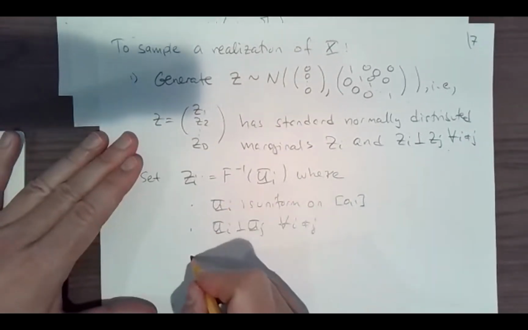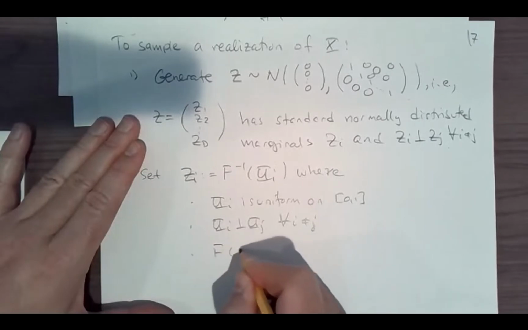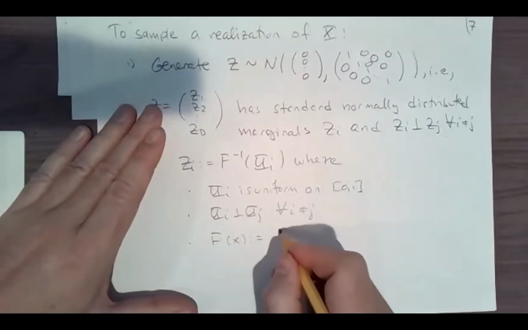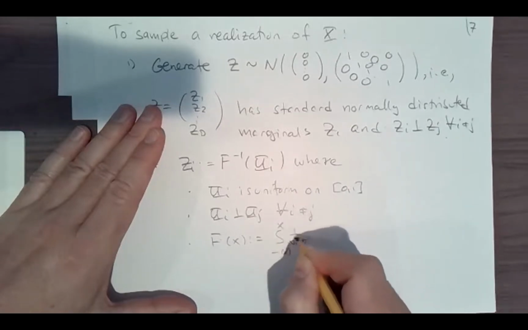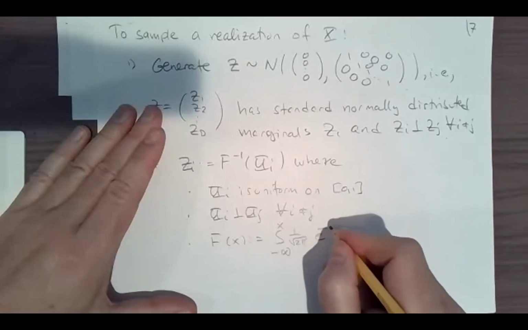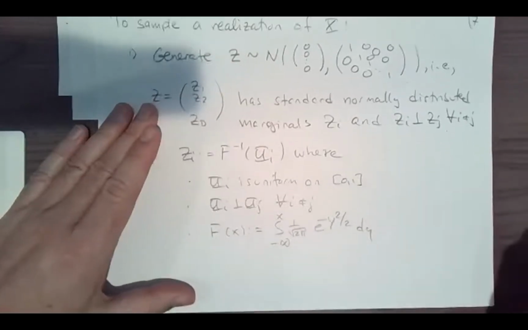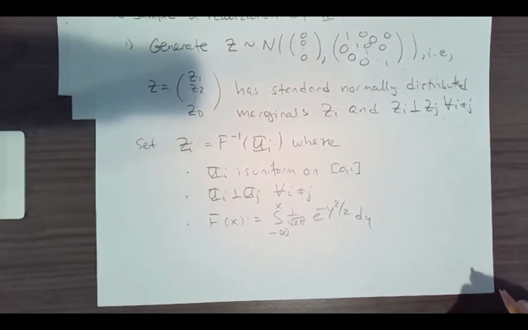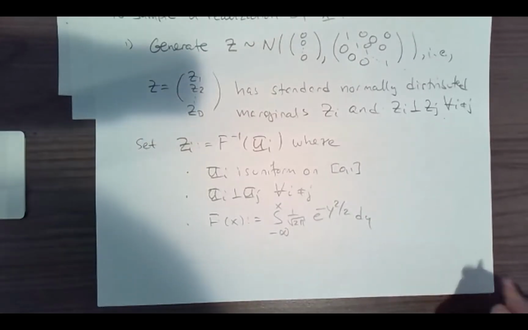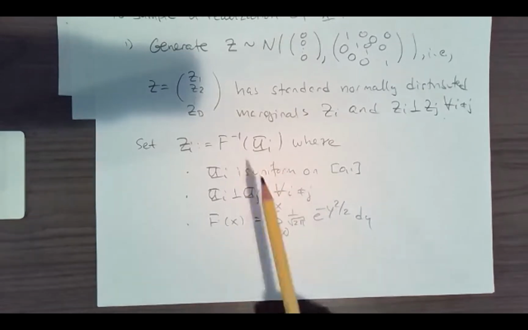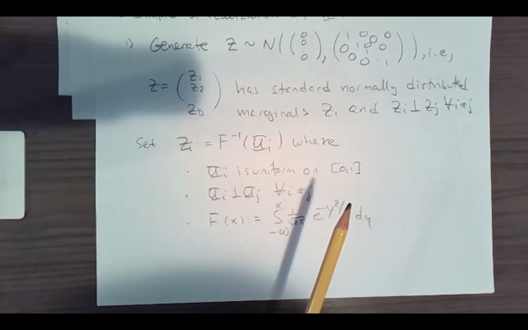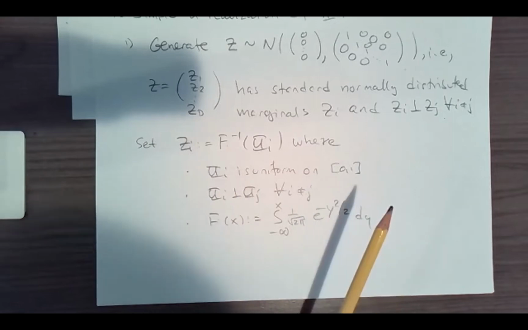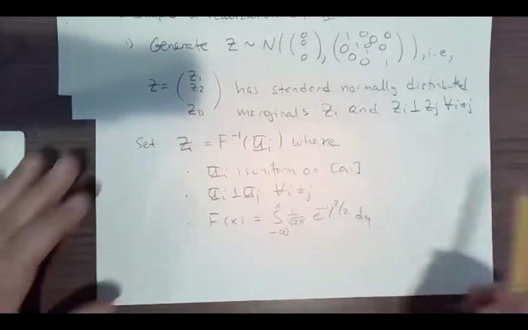And what is F here? F is the standard normal distribution function, the integral of 1 over root 2 pi e to the minus y squared over 2 dy. So you sample the uniforms, you stick them into this inverse function, and out you get independent standard normals. So that was the first step. That's how we get the Z's.